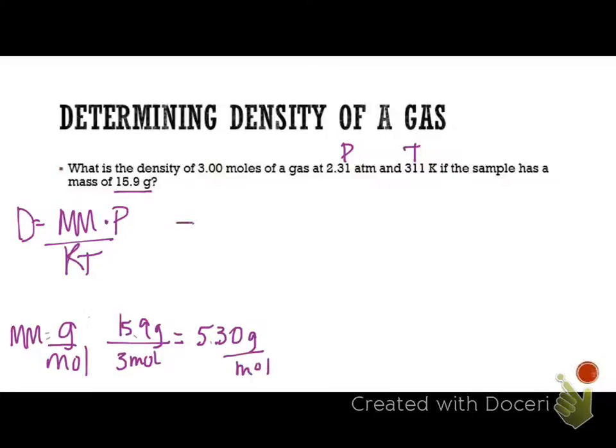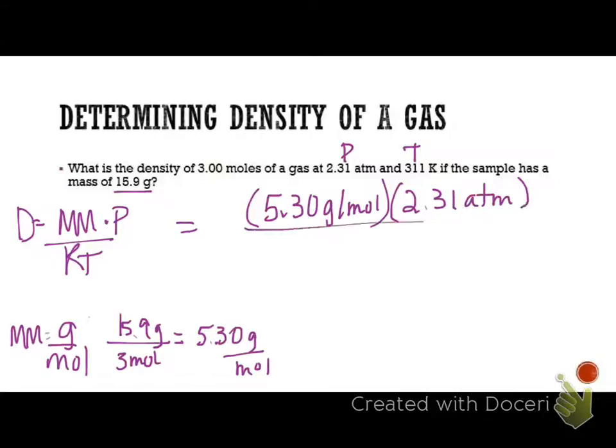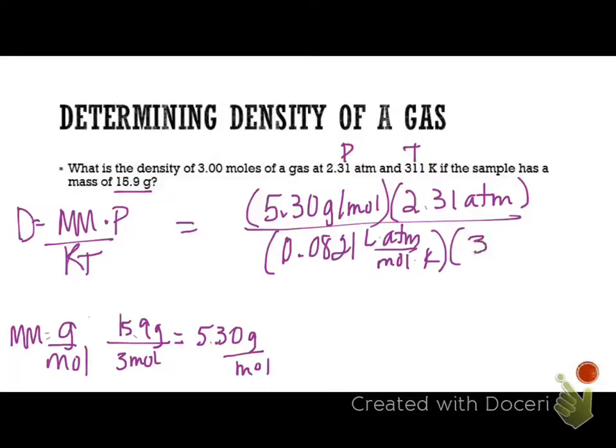So now we can go back up here and plug that in. 5.38 grams per mole times our pressure of 2.31 atmosphere divided by our R value, and temperature, which was 311 Kelvin.